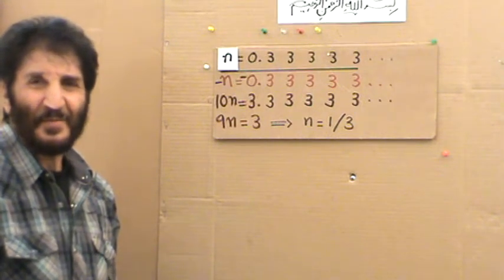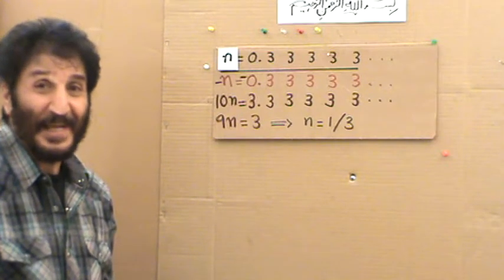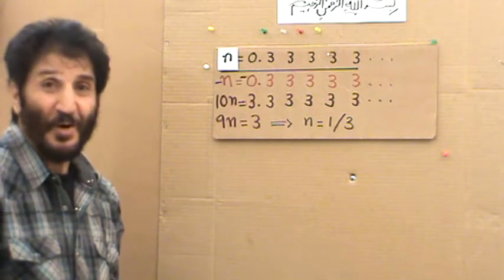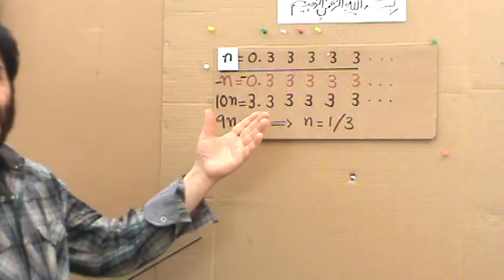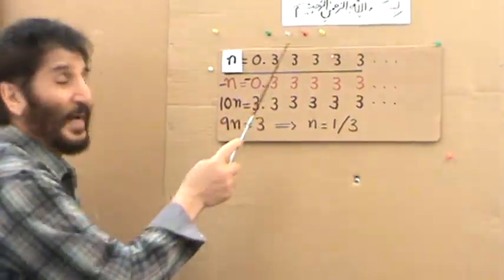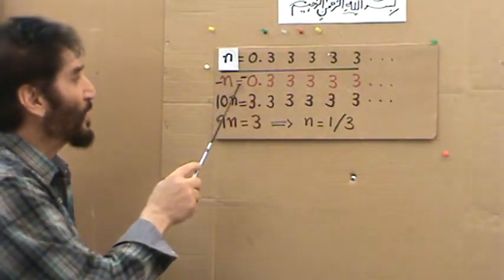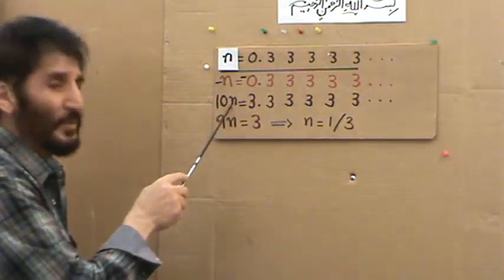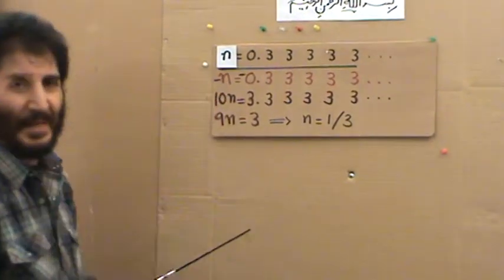It's very creative, and a grade school student or a junior high student can do that, and it gives them the feeling that you can do all of these. So I multiply this one by negative and add to that, or I can say subtract n from 10n.